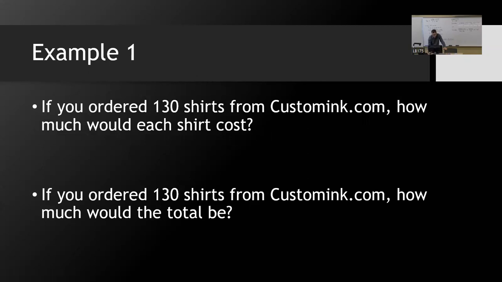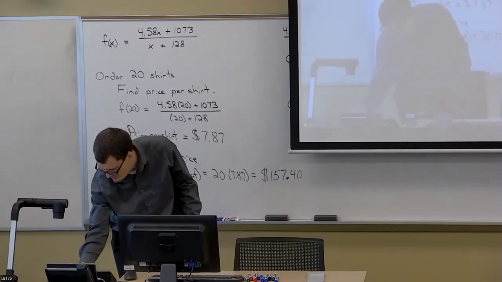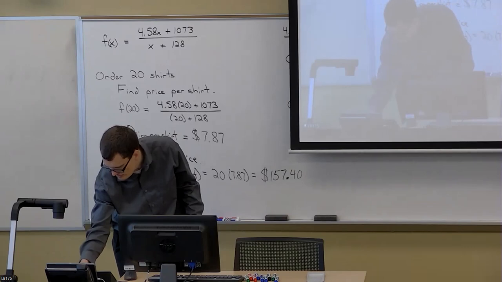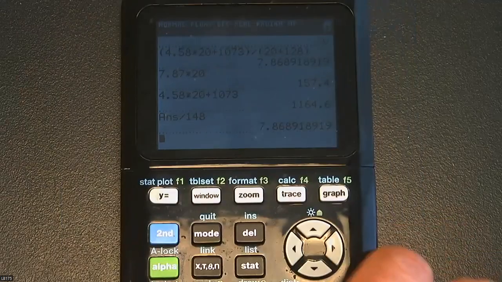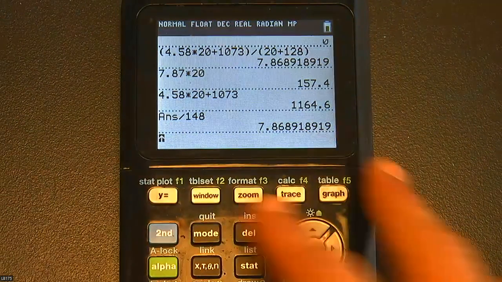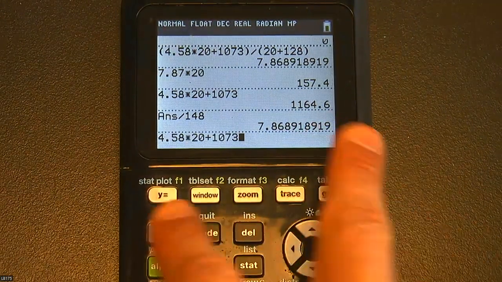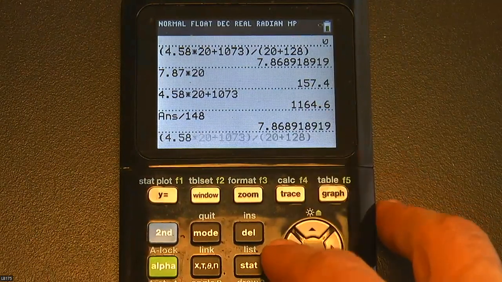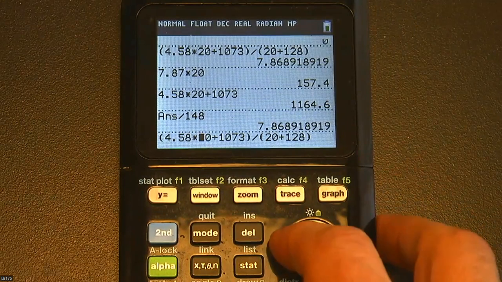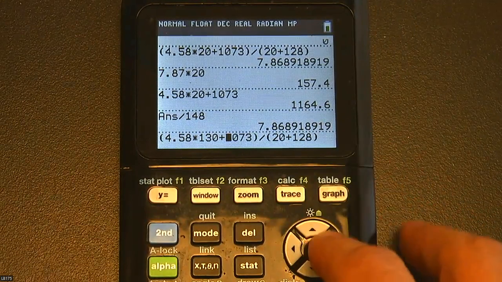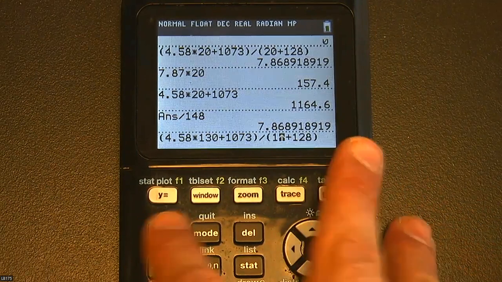Now, we could do the same for 130 or 1,000 or however many t-shirts we wanted to use. Let me just, for a second, instead of you typing this in, I'm just going to type this in.